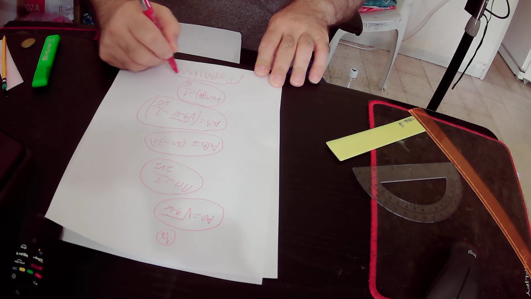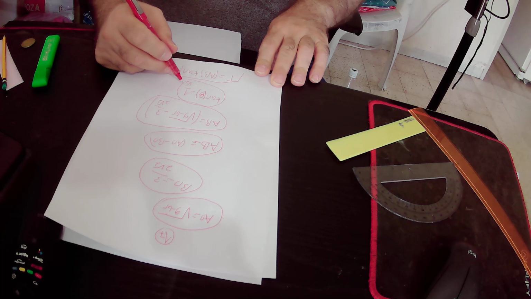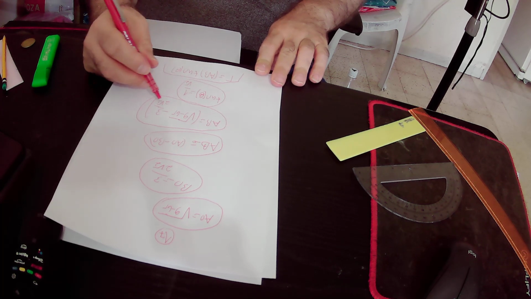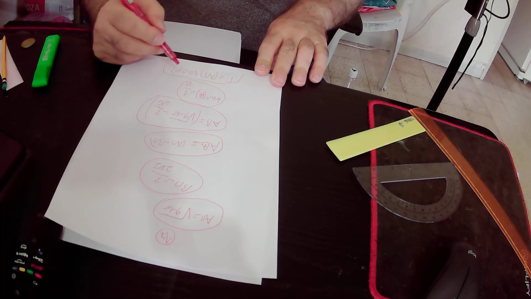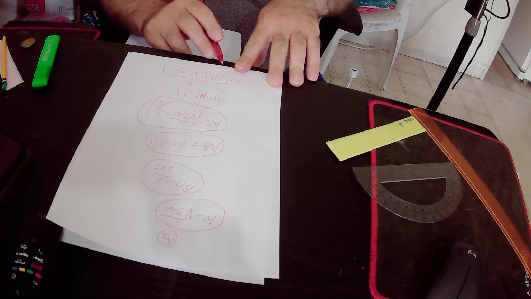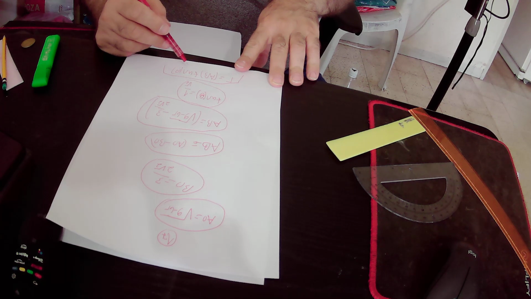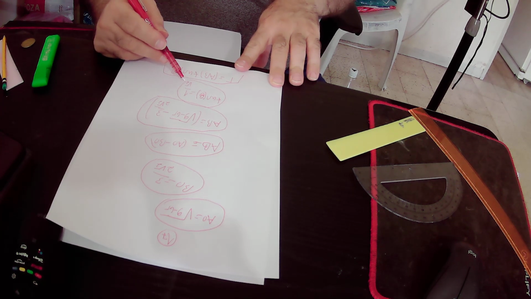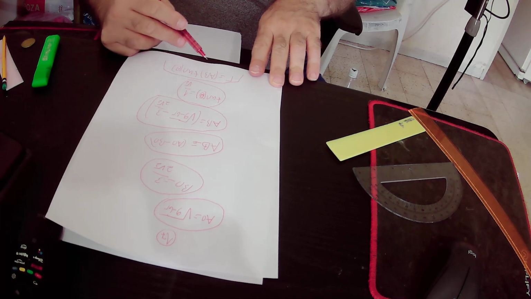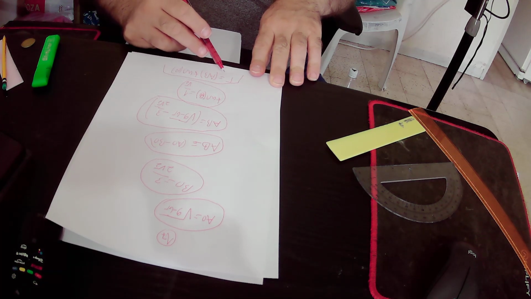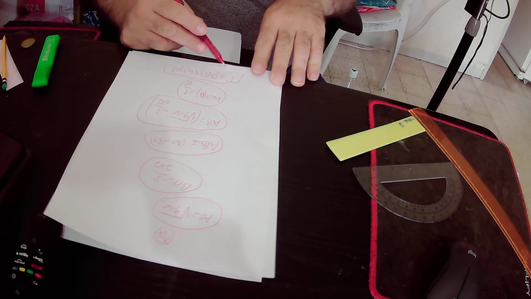So in this equality we will substitute AB by this expression and tangent theta by 1 over root 2, and in this way we will find the value of the radius of the small circle.